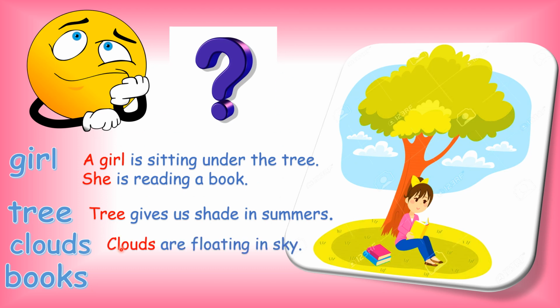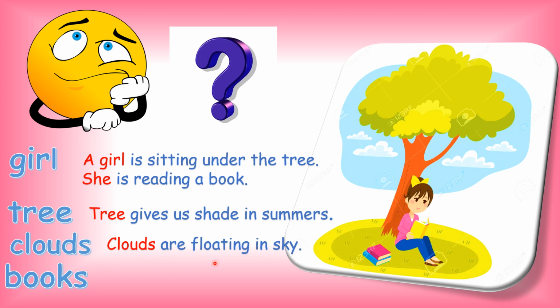Now come to the next. Clouds. What are clouds doing? Floating. So we are saying, clouds are floating in the sky. So clouds are the subject because we are talking about clouds. And are floating in the sky, this blue part, is giving information about clouds. So this is the predicate.